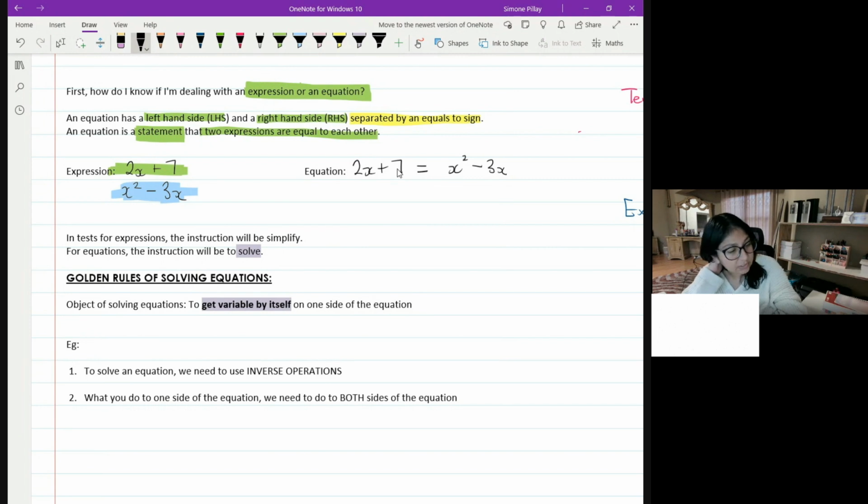That is really important to know. An equation is just two expressions that are equal to each other. That's why we have a left-hand side and a right-hand side. Expression number 1 is on the left-hand side, expression number 2 is on the right-hand side.